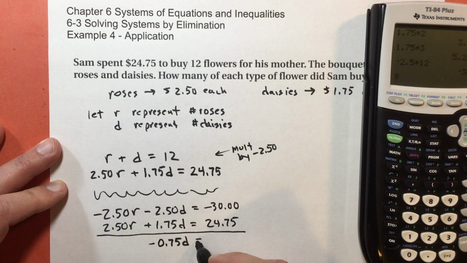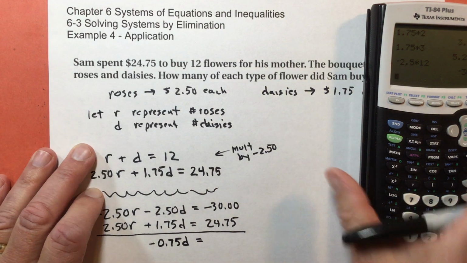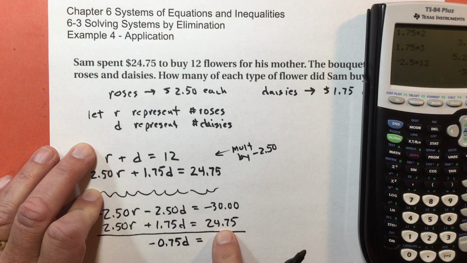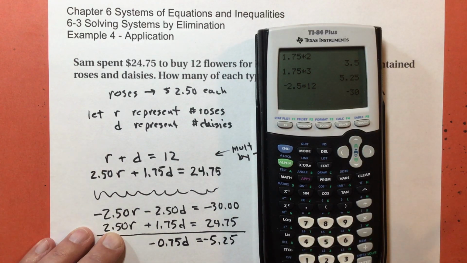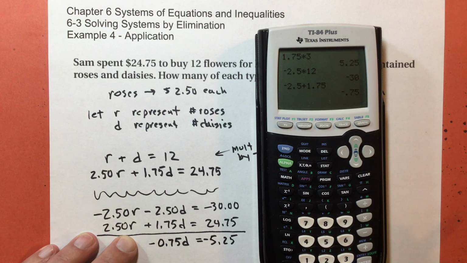But don't worry about that right now. And then negative 30 plus positive 24.75 is going to be negative 5.25. And if you don't believe me, we'll do negative 2.5 plus 1.75. That's negative 0.75.